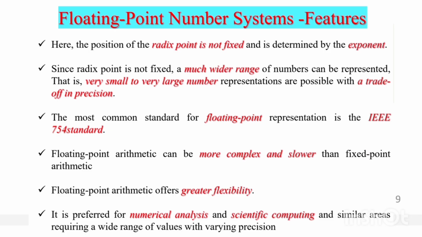So it makes the whole system a little bit complex. Then we have more flexibility because of all these things. We have exponent representation and mantissa representation. And finally, the floating point number system is preferred for numerical analysis, scientific computing, and similar areas requiring a wide range of values with varying precision.